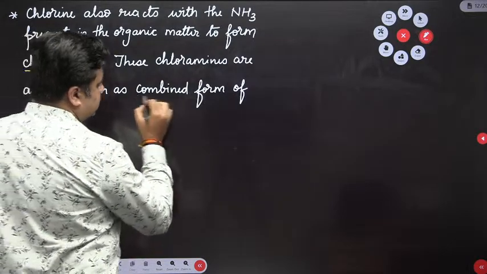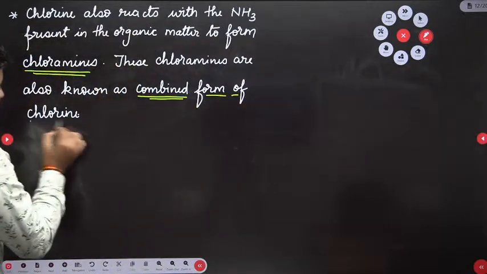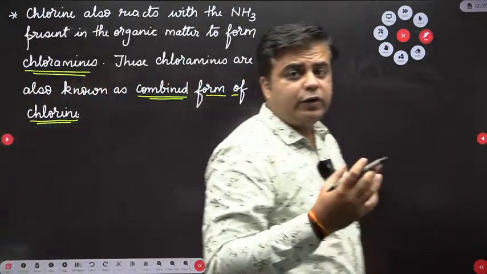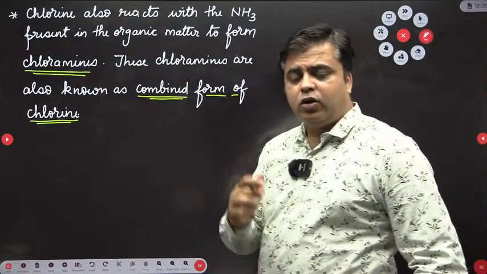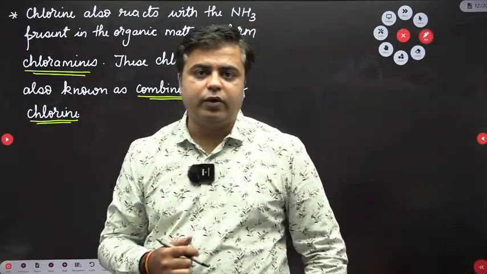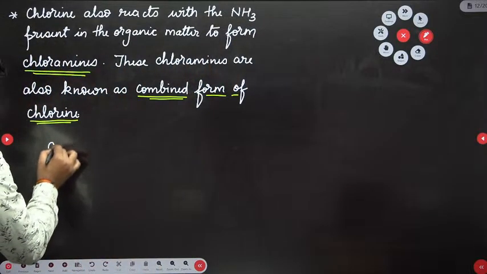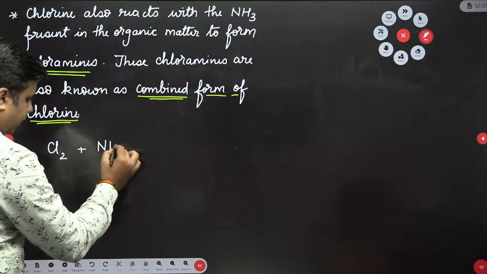Now see this, combined form of chlorine. All these terms are very important because in the questions we are unable to identify which type of chlorine is given to us, whether it is a freely available chlorine or whether it is a combined form of chlorine. Now you see this. Chlorine reacts with the ammonia present in the organic matter to form chloramine.